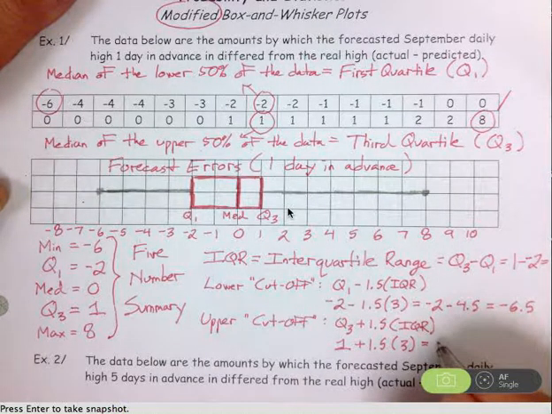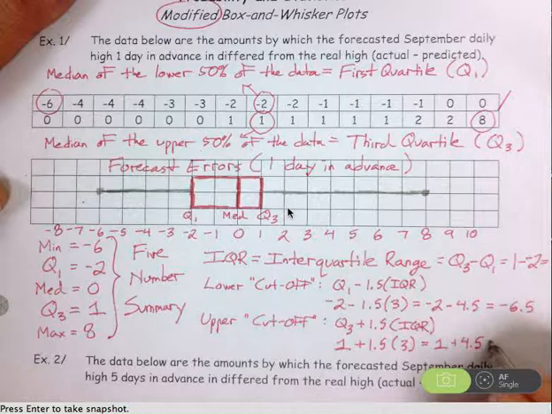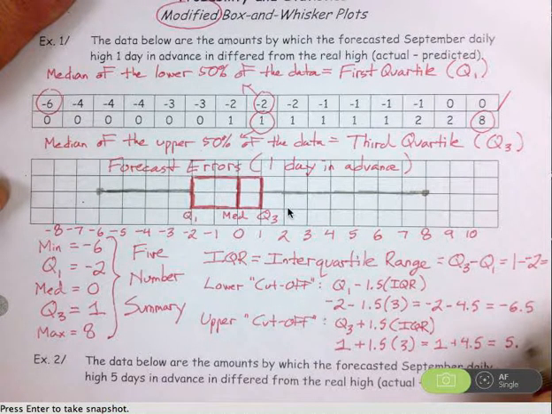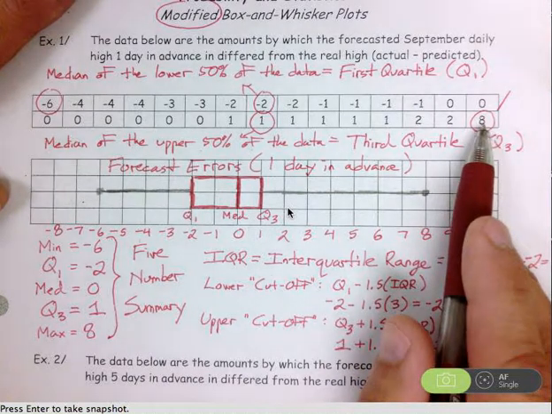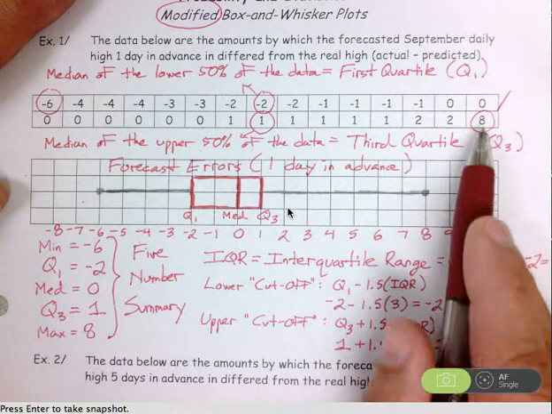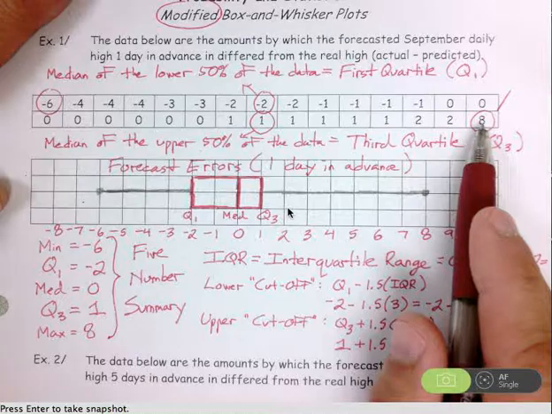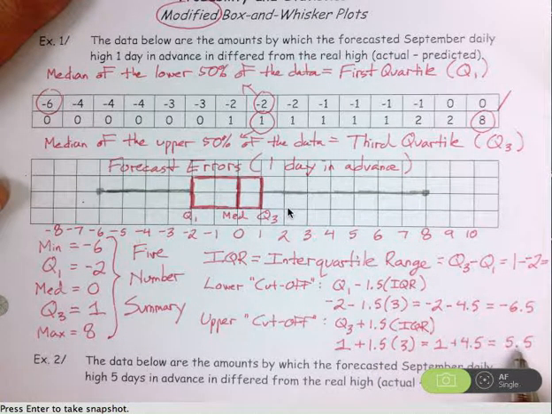So that makes 1 plus 4.5 in this case, and that gives me an upper cutoff of 5.5. Now, I have a maximum of 8. There is clearly an outlier here. That 8 far exceeds the 5.5.